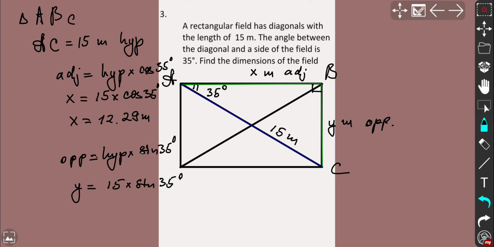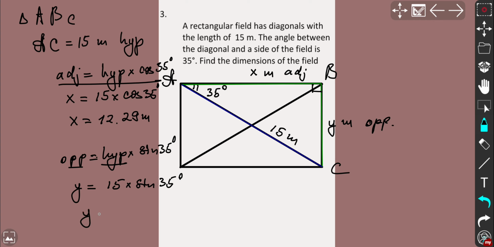What's the trick here? You start from the adjacent side formula, and in order to get the opposite side, you simply swap cos into sine. The structure stays the same. You also have the hypotenuse, but times sine of 35. That's how you can get y as the opposite side.